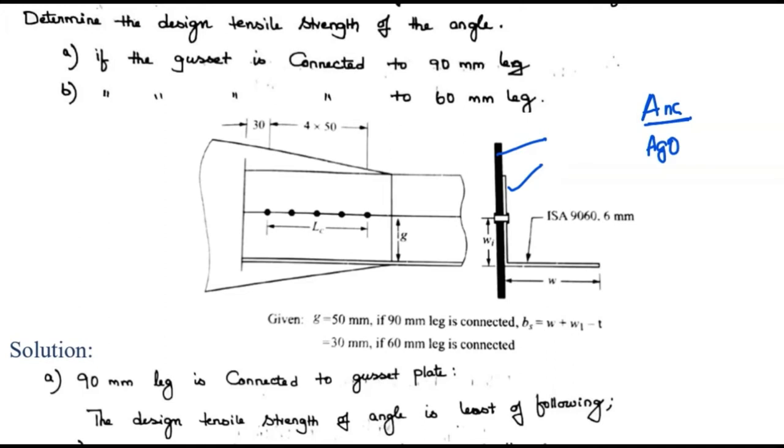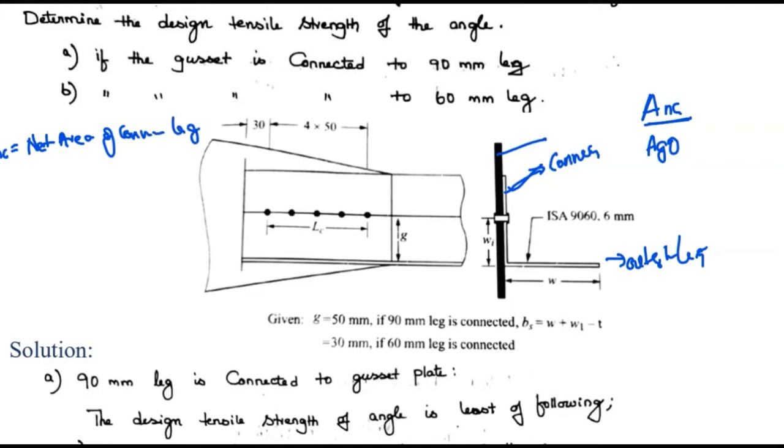What is the connected leg? This is the connected leg, and this is the outstanding leg. So Anc is equal to the net area of the connected leg. It is simple to find out.